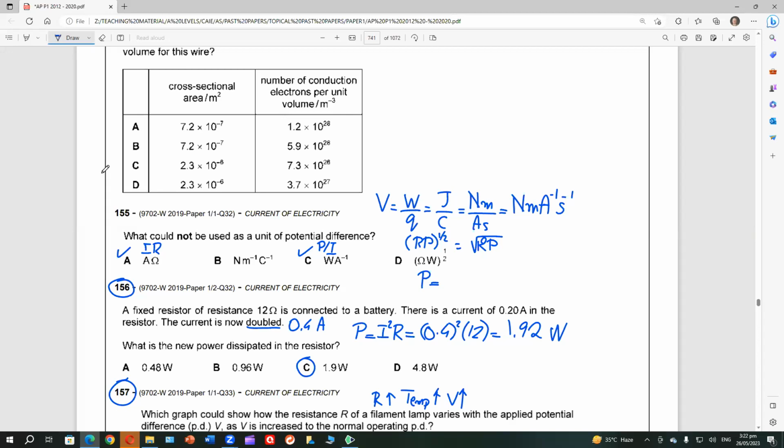How come 1 upon 2 is coming? Is it 1 upon 2? It's a square, because if I take I square R, that is a tricky part, because surely B is wrong because Newton per meter is not possible. If you see this diagram, it's Newton into meter.